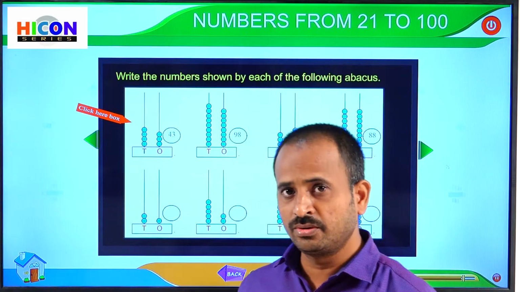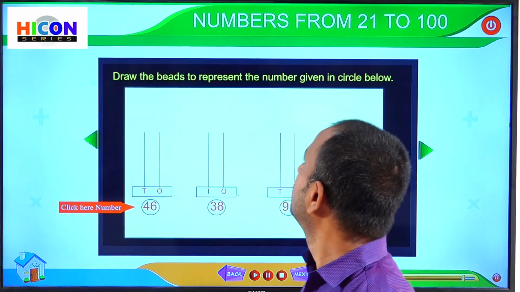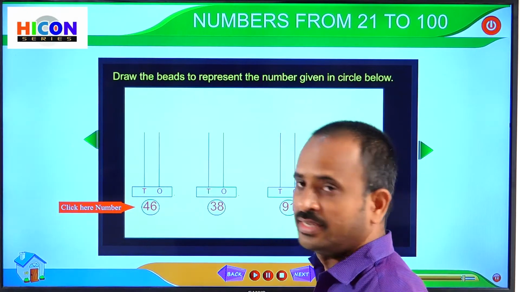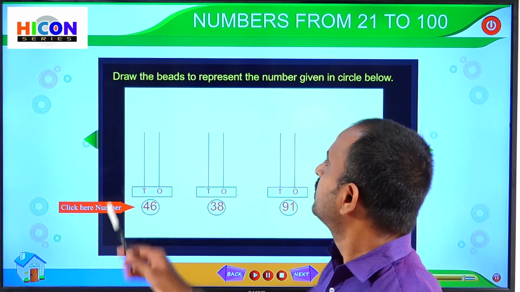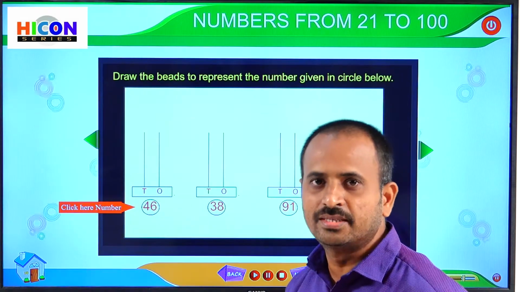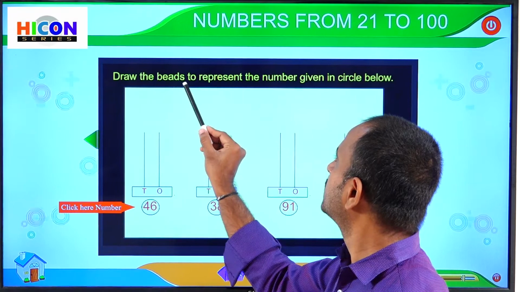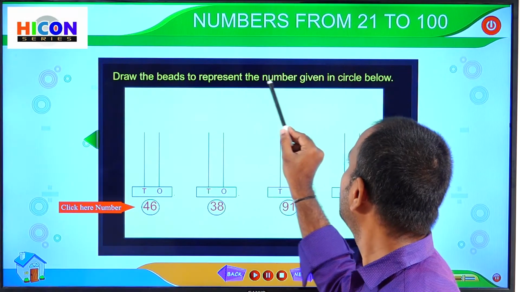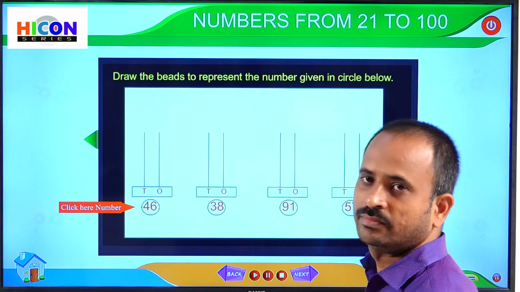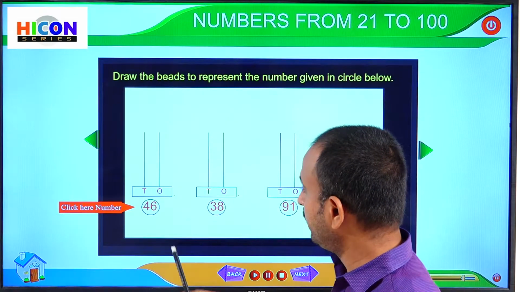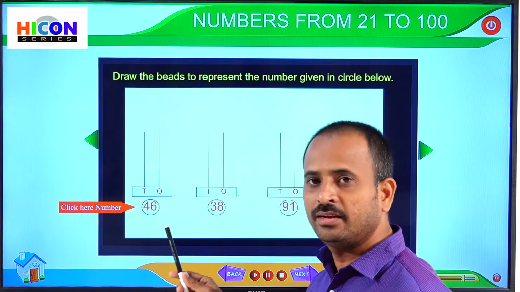So let us go to the next part in this chapter. This is also on the abacus. So children, what is this? Draw the beads to represent the number given in the circle below. Here the number is given in the circle.